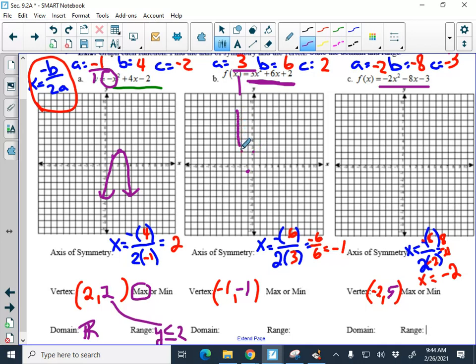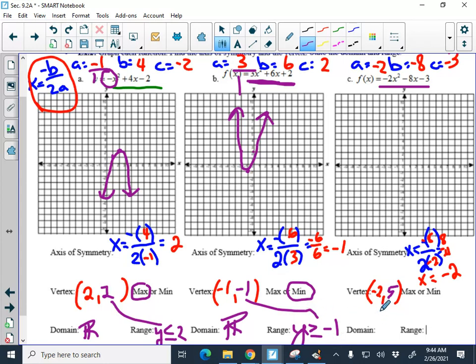And that's our graph. Now, is this a maximum or a minimum point? Minimum, good. Our domain is still all reals, but our range is now Y is greater than or equal to what? -1. Still look at the Y coordinate.